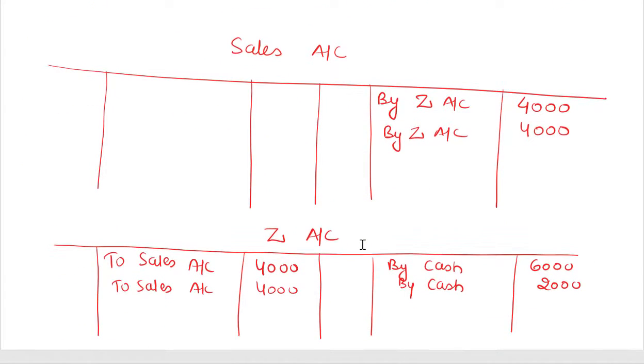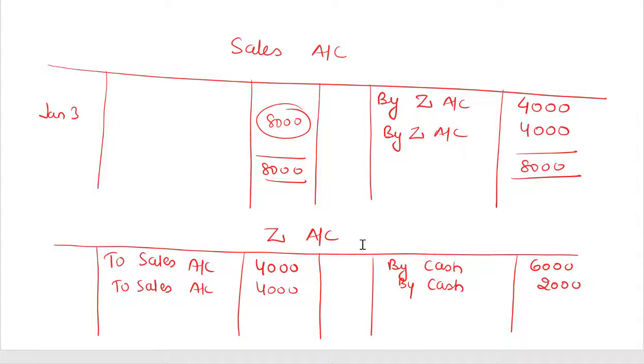Let's try to balance these last two accounts, that is sales and Z. In sales account, we have 8,000 as closing amount. We have shifted this 8,000 from credit side to debit side. The same 8,000 is the balancing figure.